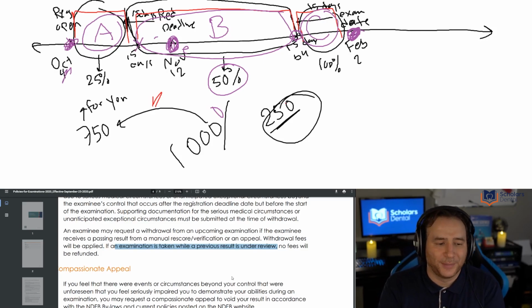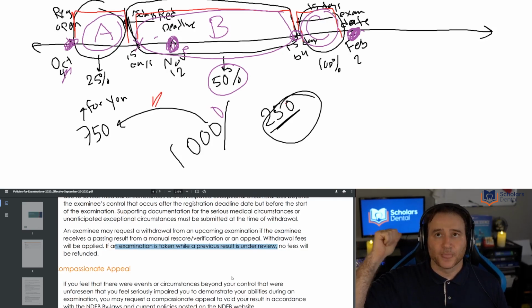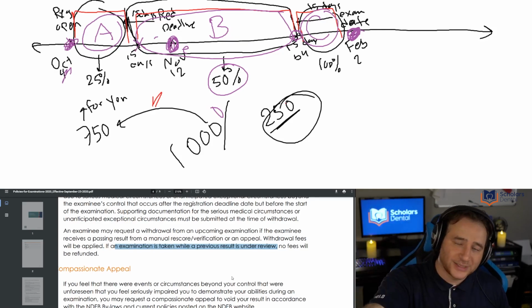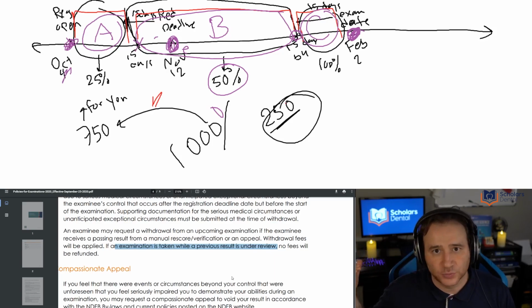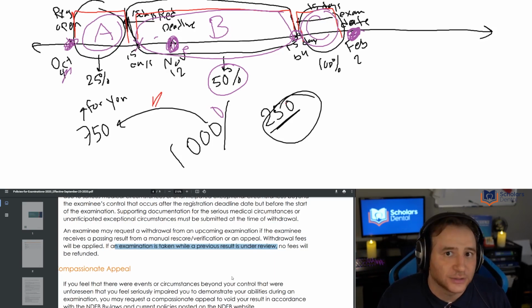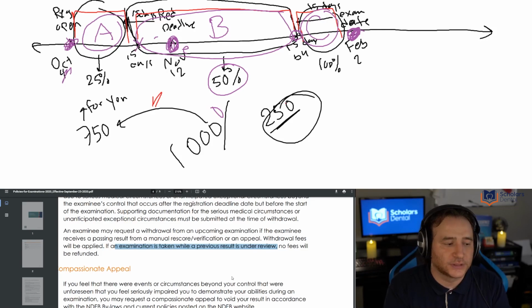I feel like that's obvious. It's still following the same schedule we drew up above. Basically, if you failed an exam, you appealed, you took another exam, you're not going to be refunded for that second exam, even if you passed the first one. You still did the exam. You booked the seat, so you used that service. I think that's fair.